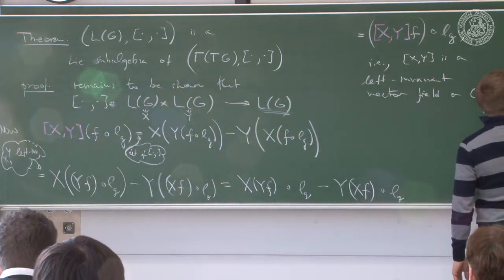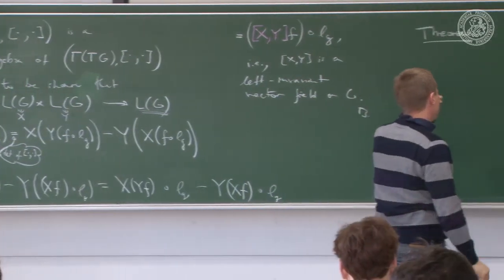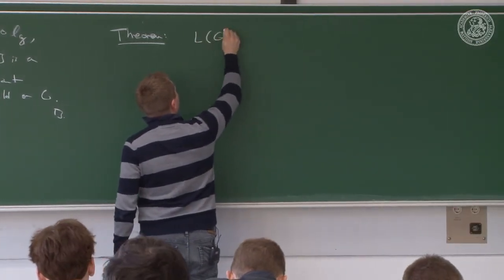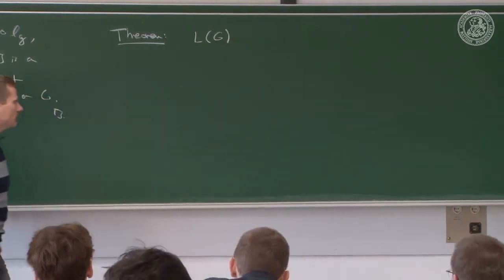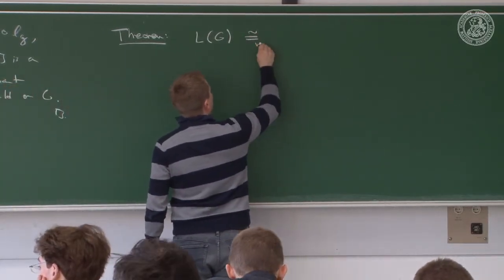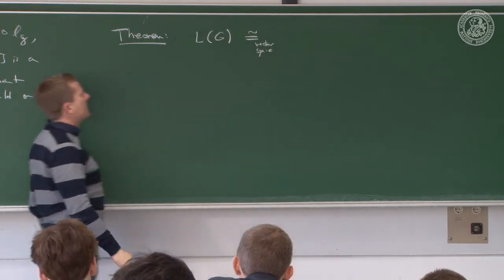Theorem. The Lie algebra LG of a Lie group G is isomorphic as a vector space. You know, in particular, it's an R vector space.